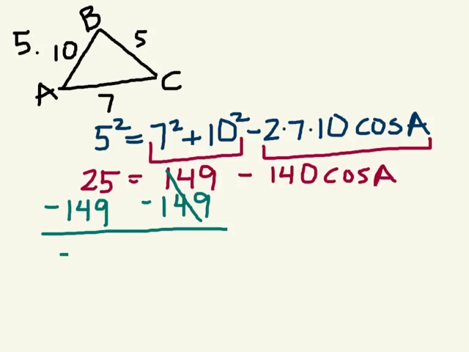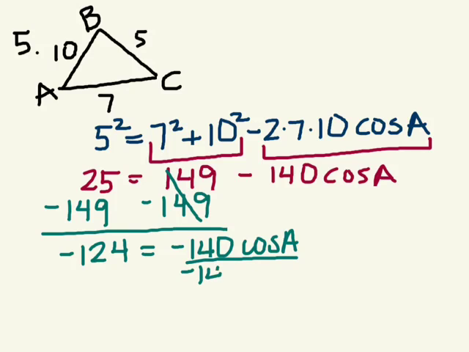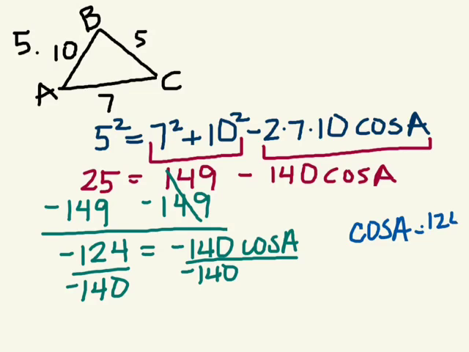So we have negative 124 is equal to negative 140 cosine of A. Then divide. So we have cosine of A equals 124 over 140.